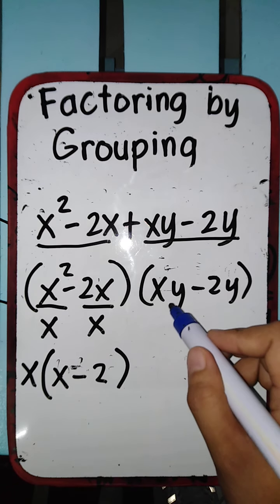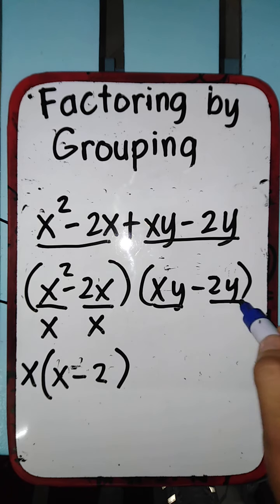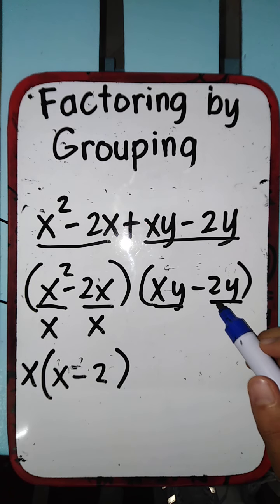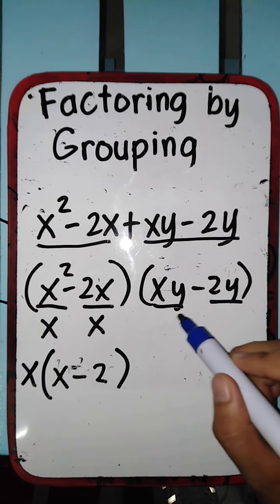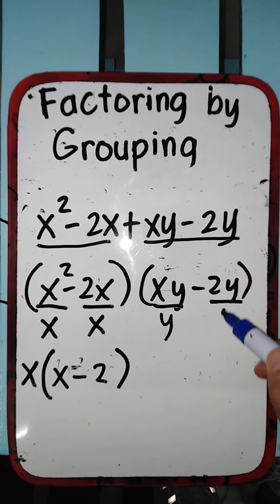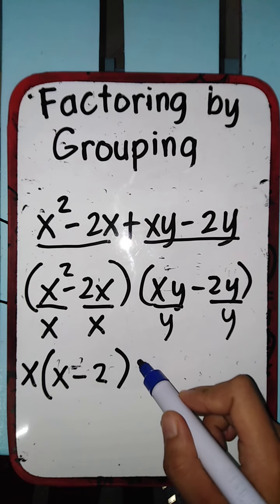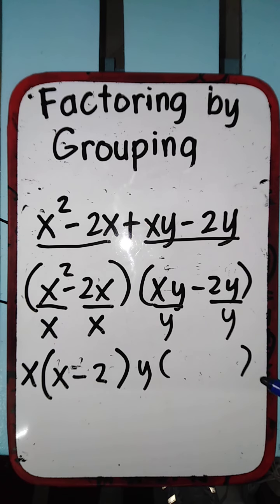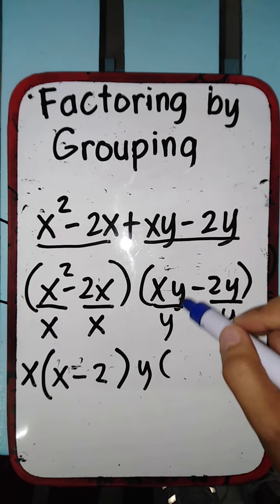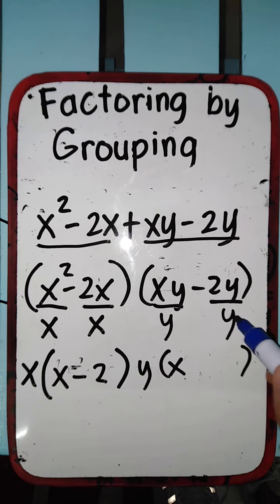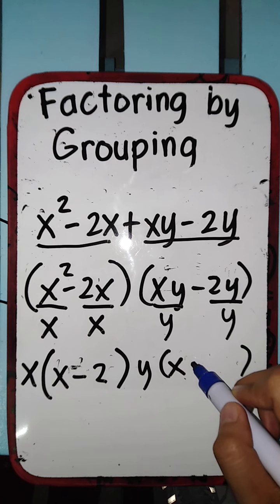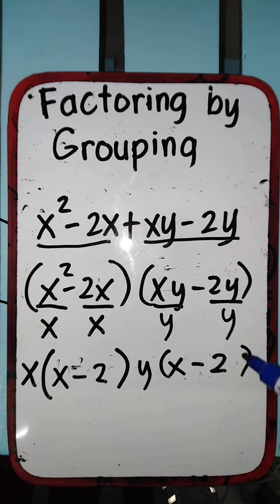Next, the second group, xy minus 2y. What is the common factor of xy and 2y? They have y, so divide both by y and write y outside the parentheses. xy divided by y is x, and negative 2y divided by y is negative 2.